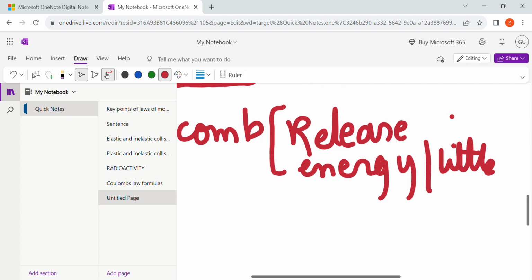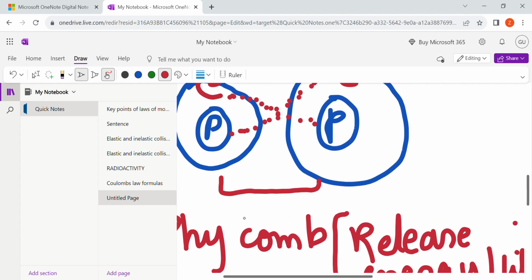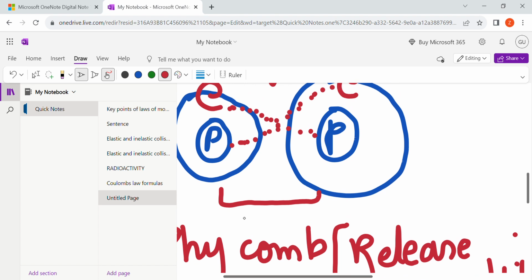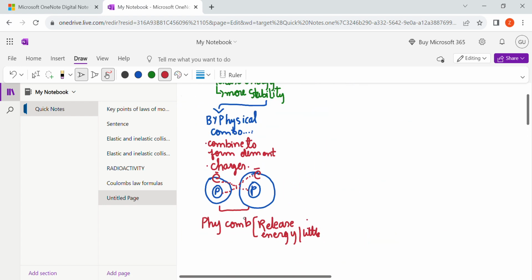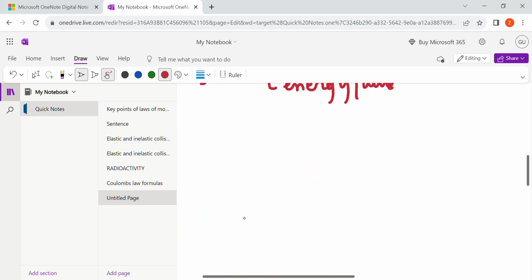Interatomic structure, or we can also say interatomic attraction. In this situation, in the physical combination, the atoms will not lose their identity. Atoms are sharing, alright? So they do not lose their identity.